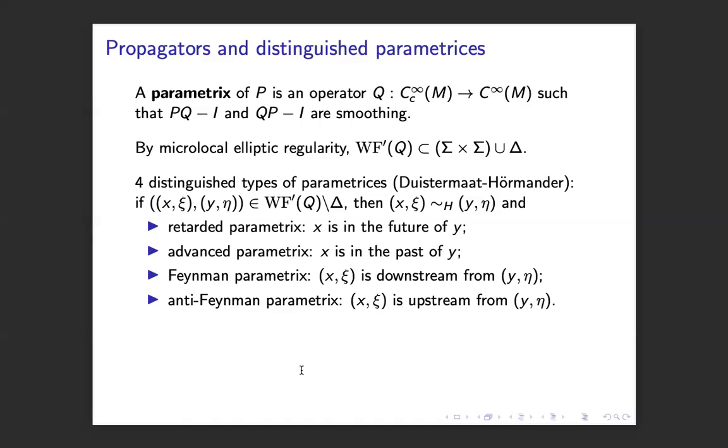So if you are acting with our Feynman propagator, QF, on some function f, and let's say this is the light cone and here we had some wavefront set of f, then the wavefront set of this thing would be somewhere in this region, and union with this region.